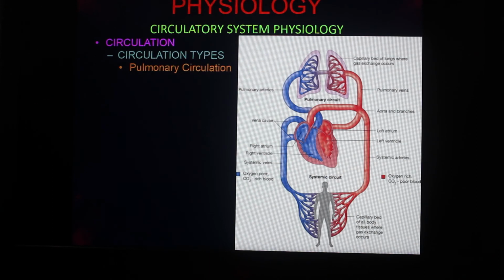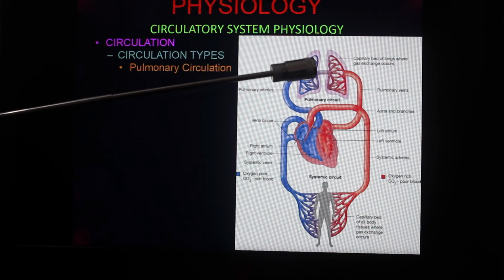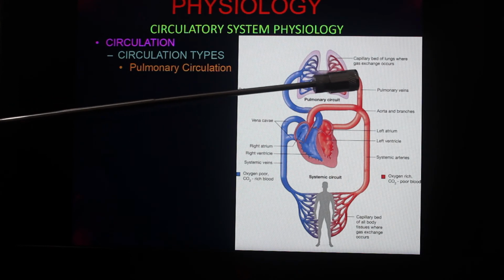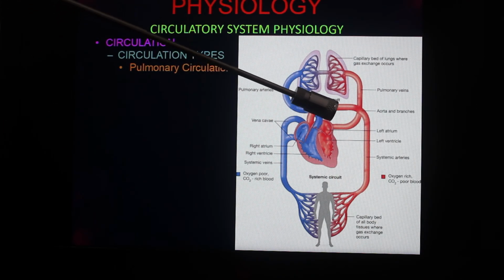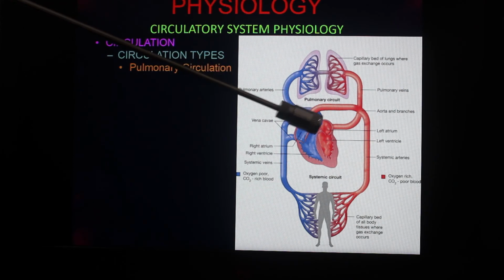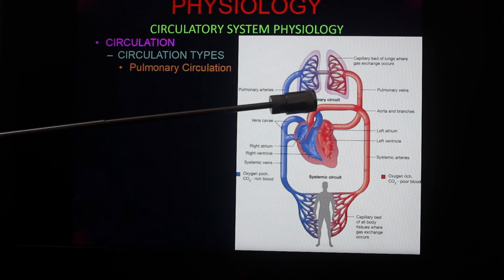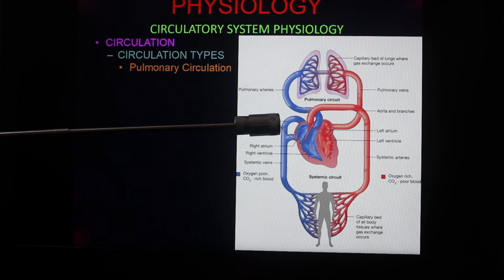And when we inspire a new breath, we take in oxygen, and hence the oxygenated blood comes via the pulmonary veins to the left atrium of the heart. That's the first red chamber here. This completes the pulmonary circulation.